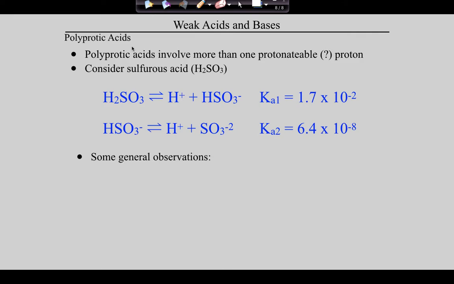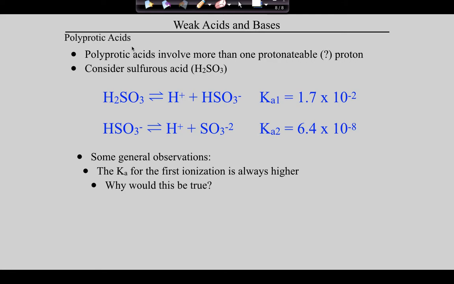So what do we do with this? Well, guys, general observations. And again, we'll come back to this in lab. But first of all, this is always true. The Ka for the first ionization is always the highest. And you don't need to write this down, but just to make sure we talk about it.